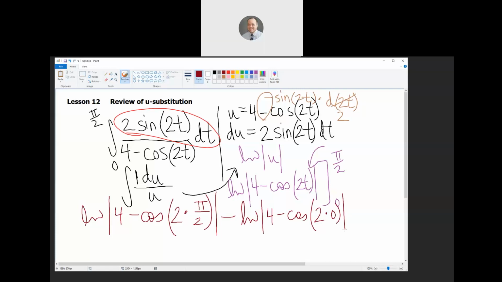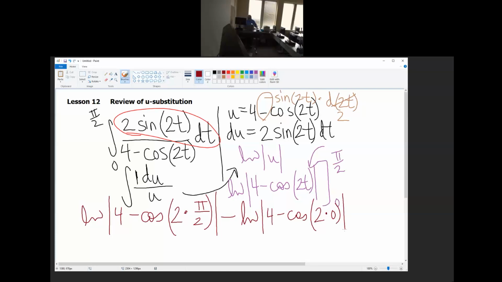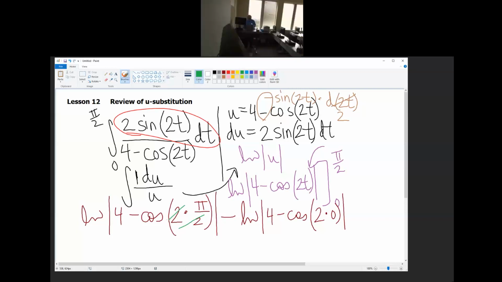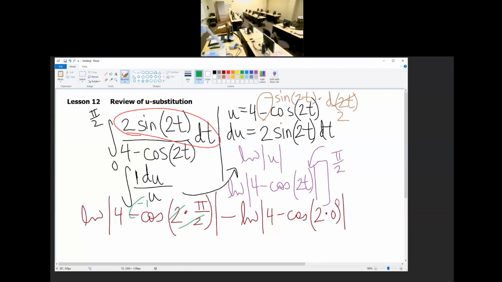Now, going back to the first substitution, the 2's cancel out. And I believe cosine of pi is -1. And we already got that negative sign in front anyway.